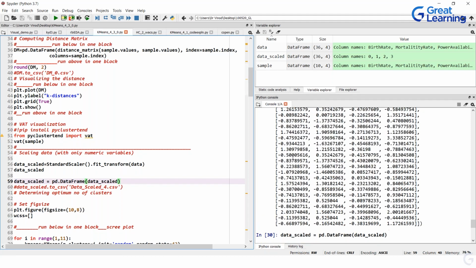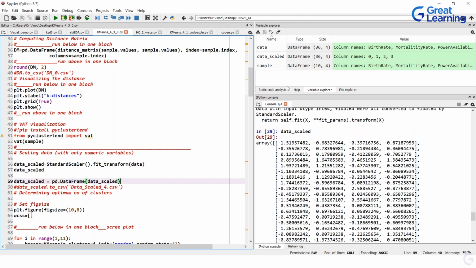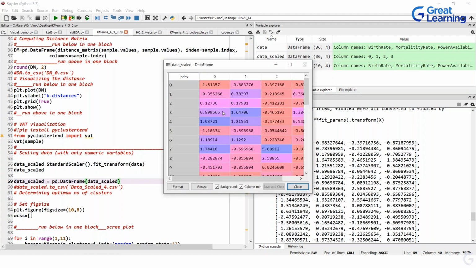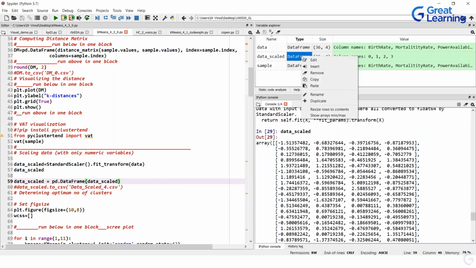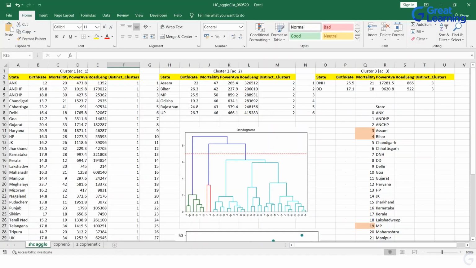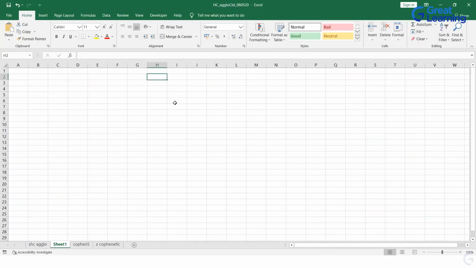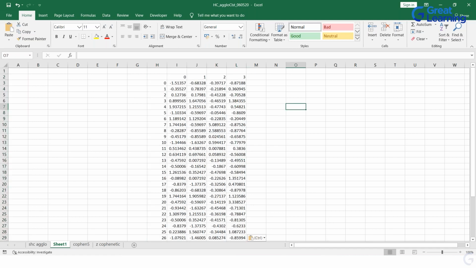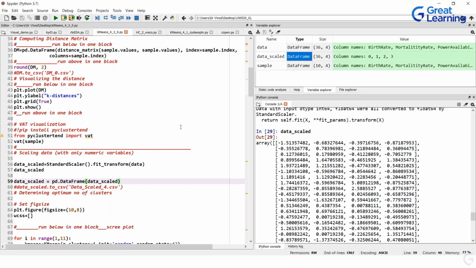Because this is a numpy array. I make it like this, scaled. And you can copy this data and take it to some Excel for further playing like this. Maybe this is a new thing for you all, but try this.